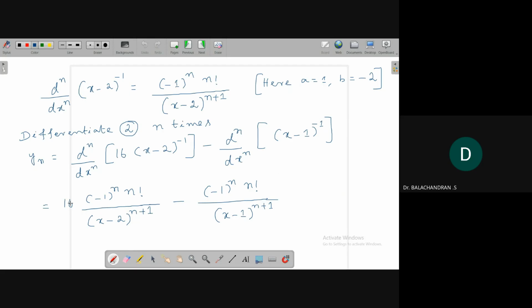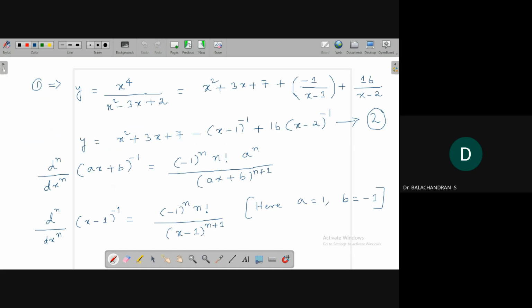Now 16 into nth derivative of (x minus 2) whole power minus 1 is minus 1 whole power n into n factorial by (x minus 2) whole power n plus 1, minus nth derivative of (x minus 1) whole power minus 1, which is minus 1 whole power n into n factorial by (x minus 1) whole power n plus 1.